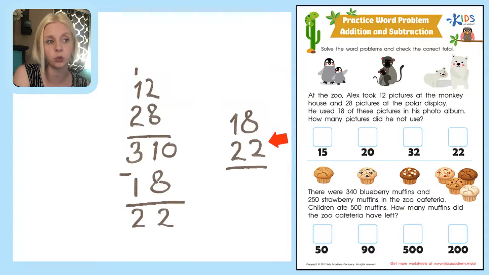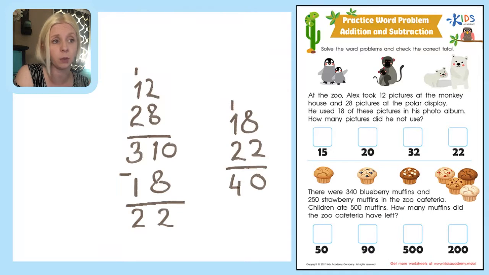Well, 8 plus 2 is 10. Carry the 1. 1 plus 2 is 3, plus 1 is 4, which is 40. So that means that I did that correct. So that's my answer. So over here, how many pictures did he not use? 22. There's my answer. And it says we need to check the correct total. So I'm going to put a check mark right there.